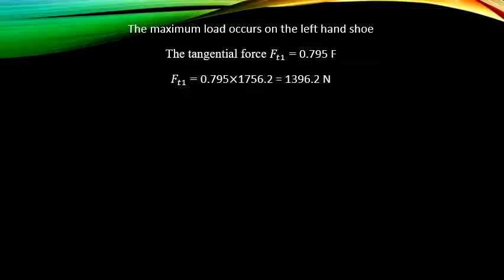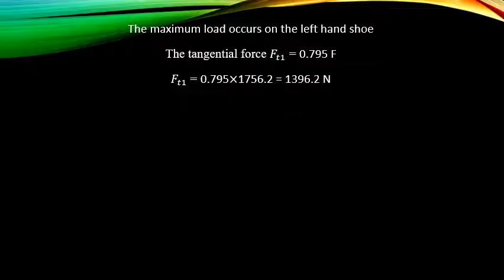From this we can observe that the maximum load occurs on the left hand block or shoe, because the value of Ft1 is 0.795 into F. Therefore substituting the value of the force capital F, we can find out the value of Ft1, that is 0.795 into 1756.2.